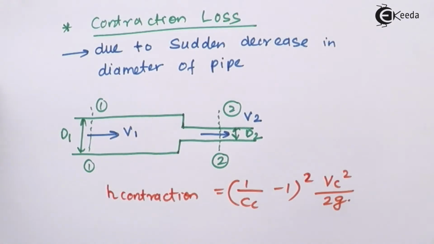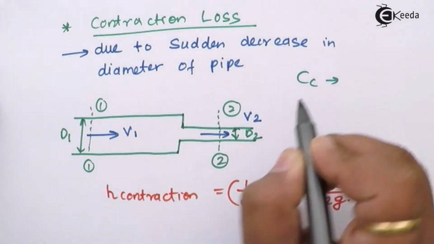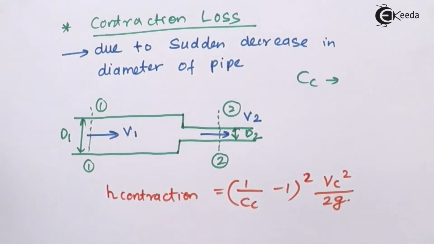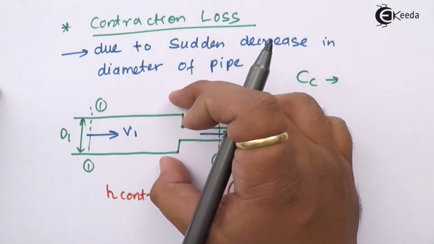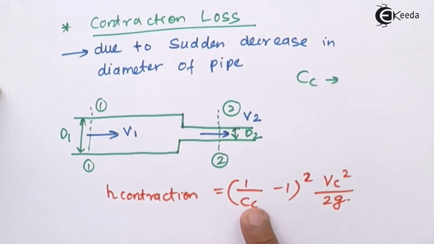Now let us understand all the terms in this. What do you mean by value of Cc? This is called the coefficient of contraction, the degree by which the diameter has reduced from a larger diameter to a lower diameter.